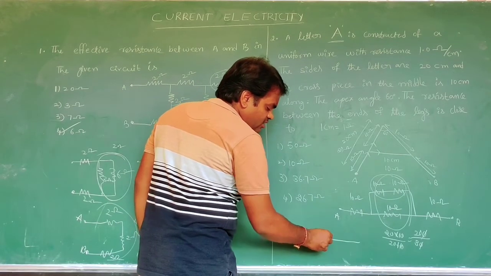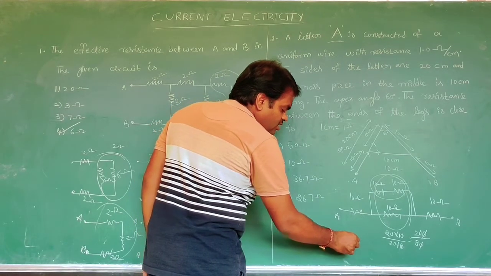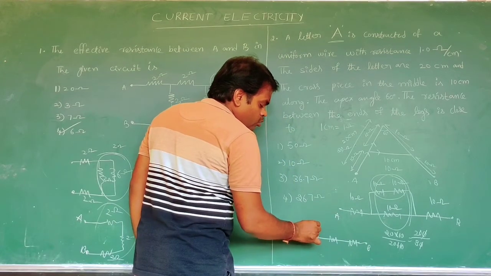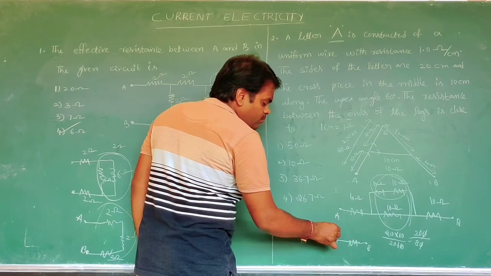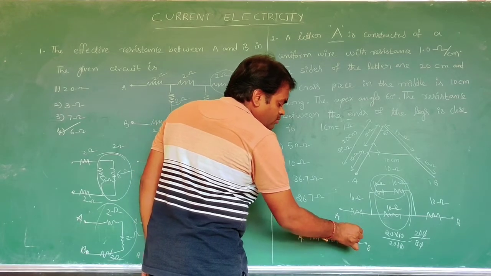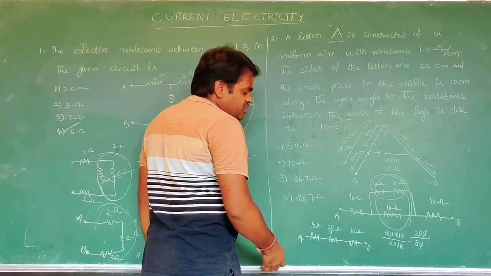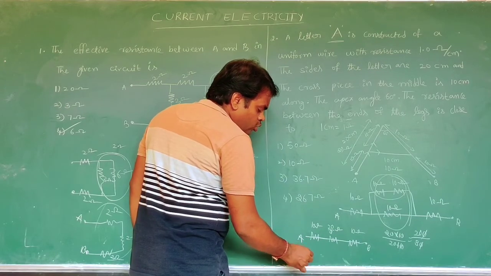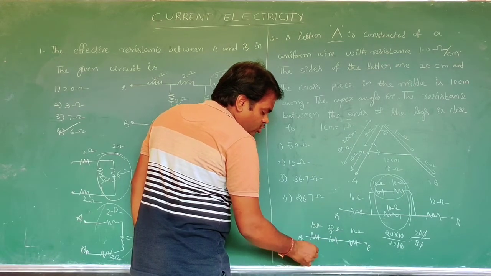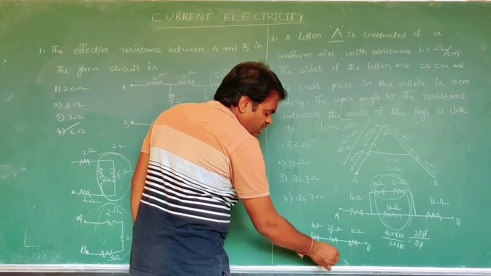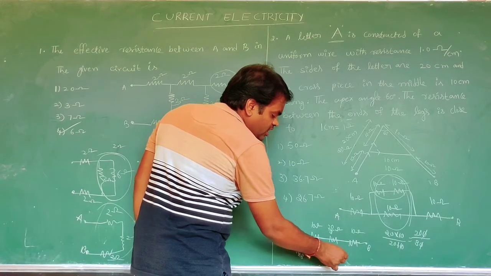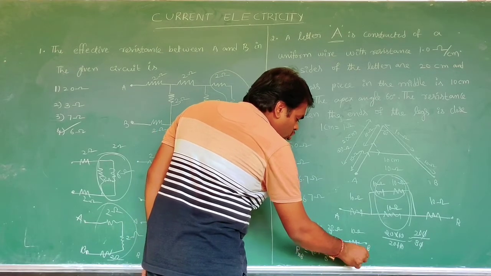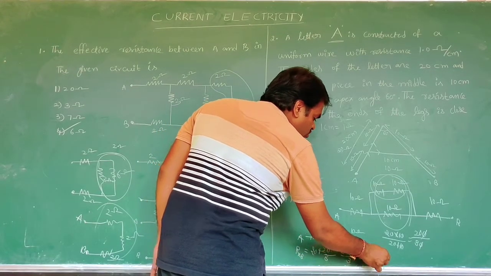A here, it is the B. Now it is the 10 ohm, 20 by 3 ohm, and this is the 10 ohm. Now total resistance in between A and B: RAB is equal to 10 plus 10, 20, 20 plus 20 ohm by 3. That is 80 by 3. 80 by 3 means what? 26.7 ohm.